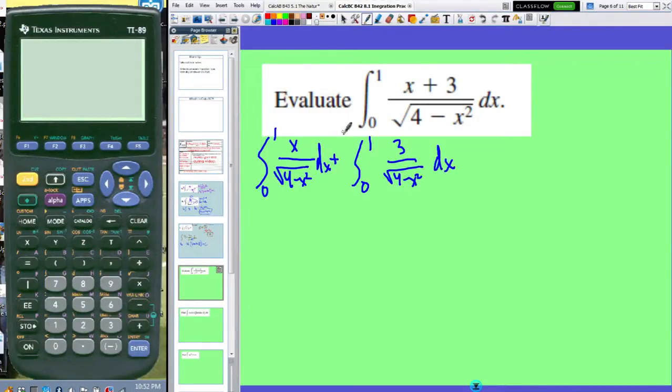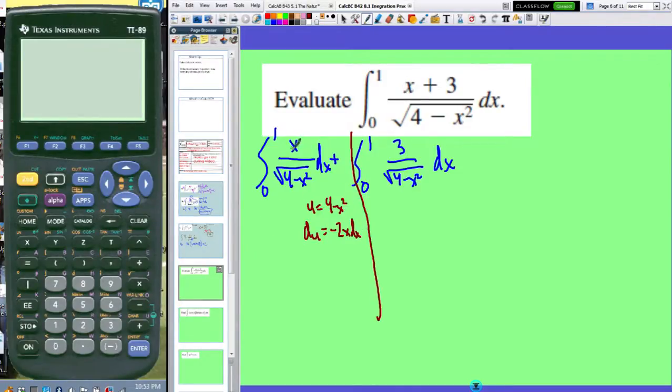So when you evaluate the one on the left, notice I have a 4 minus x squared and I have an x. This is a u-substitution problem. So I'm going to say my u is 4 minus x squared. Du is negative 2x dx.